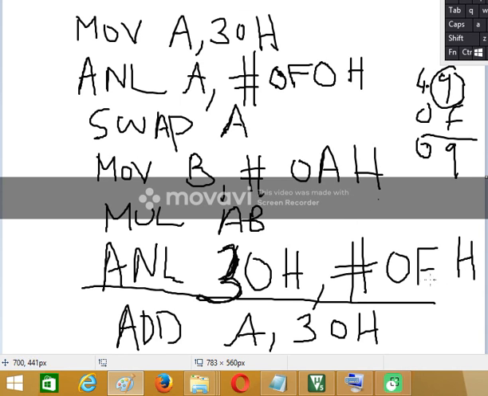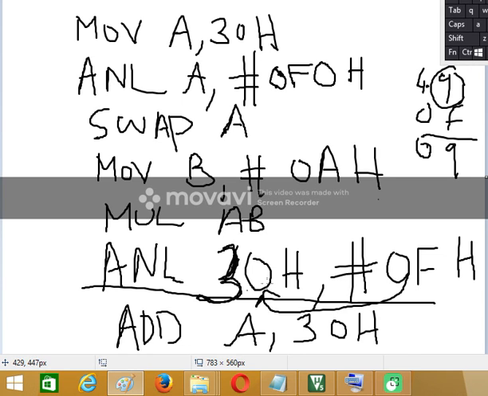After doing AND, it is stored in 30H itself. That means the number is changed, but we don't need the number further. The result will be the units place, saved in 30H itself.